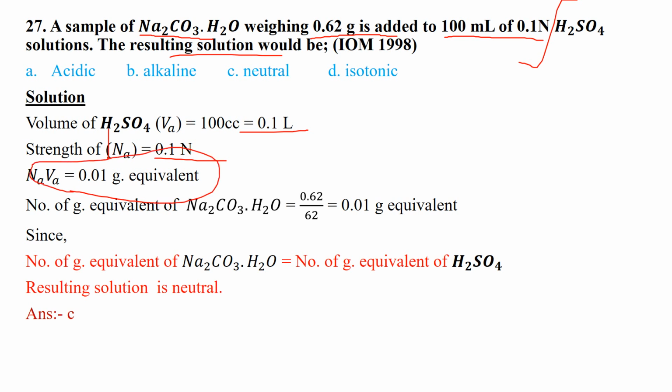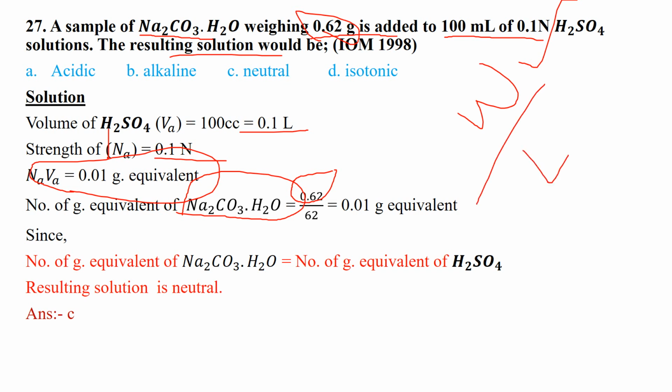In case of sodium carbonate H2O, the number of gram equivalent is equal to the weight given, 0.62 gram, because the number of gram equivalent is calculated by weight divided by equivalent weight. This is the general formula.